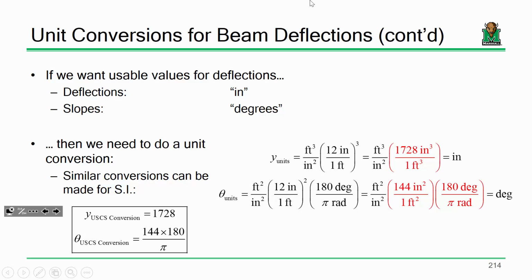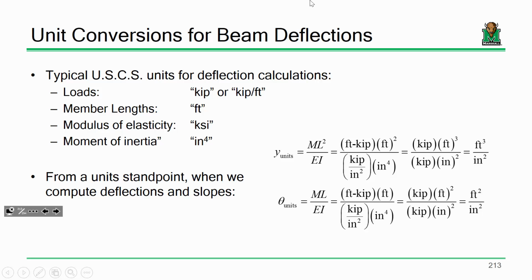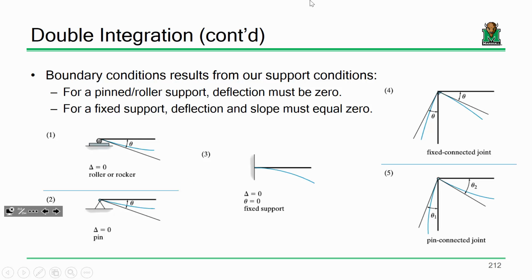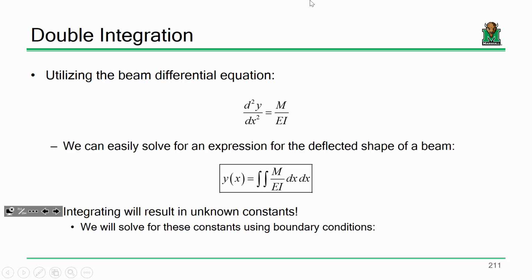Yes, sir? The y units is ml squared over EI. How come they'll divide by 2? No, I'm talking about units. I'm just talking about units. Oh, okay. Yeah, this is just the units now. So I'm saying if I've got m over EI and I'm integrating twice, whatever the function is, I'm going to get some m times some length squared.